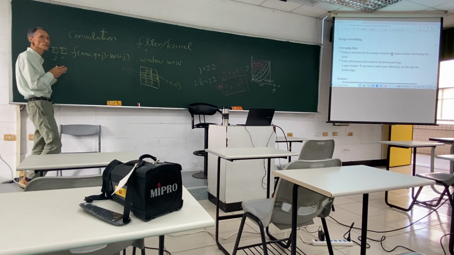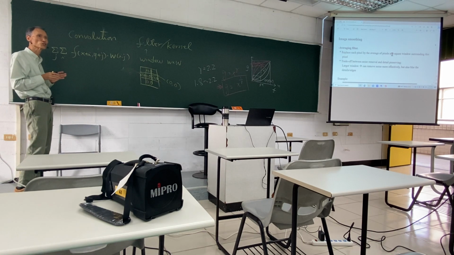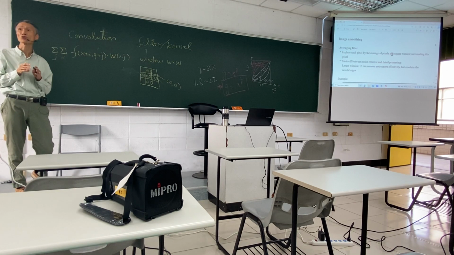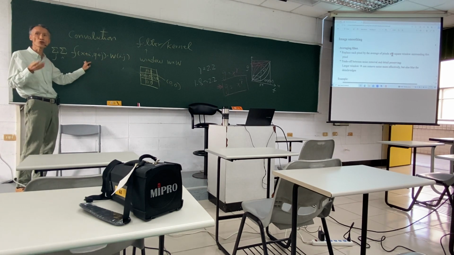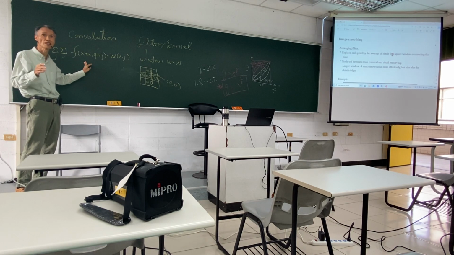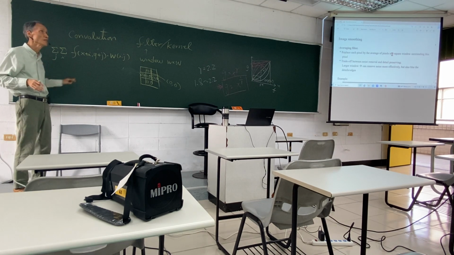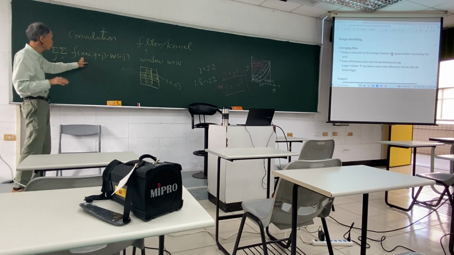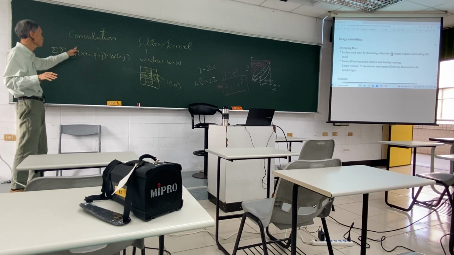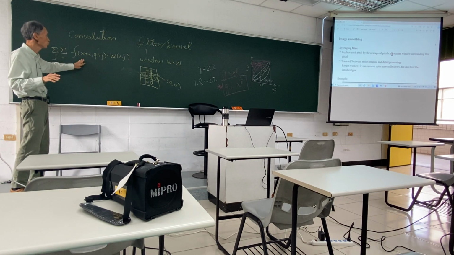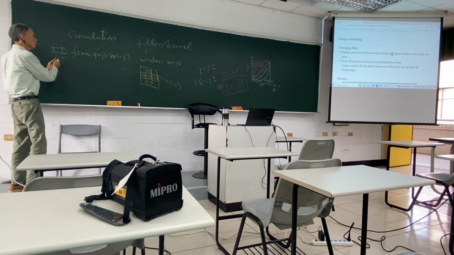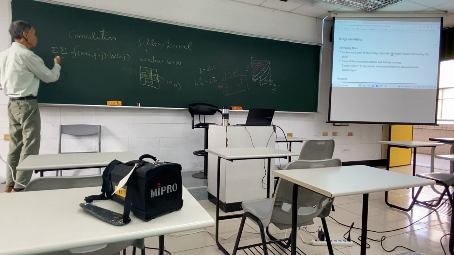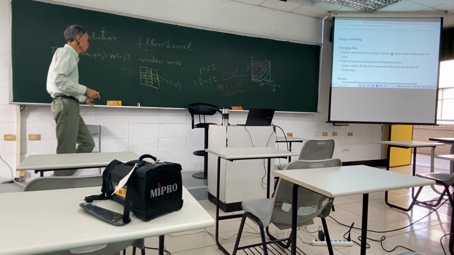When we talk about a one-dimensional signal, or vectors, this operation is exactly the inner product. But because we are talking about a two-dimensional image, this operation is called convolution. Here i and j are the neighbors, so you need to perform the convolution.